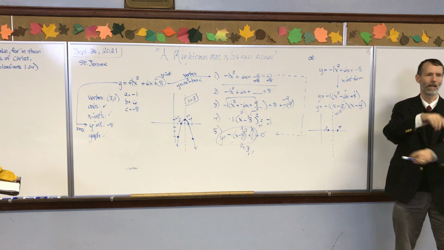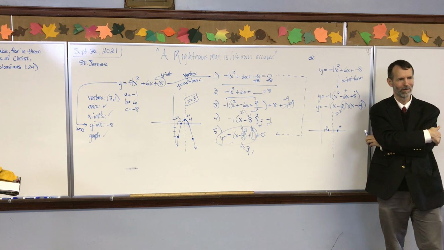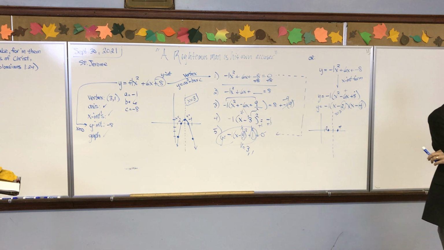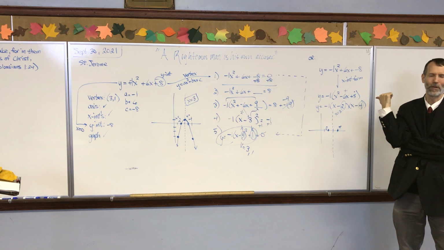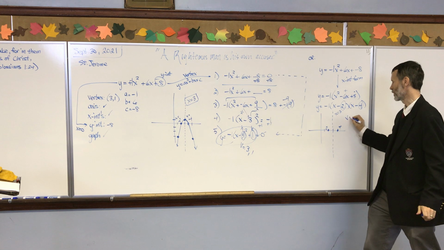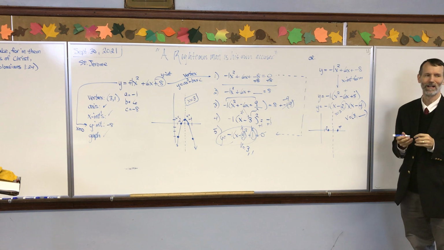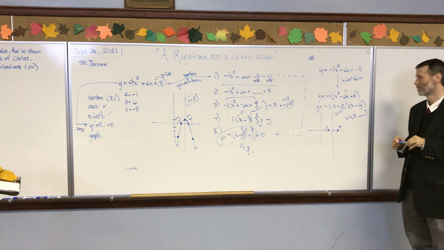How do you find the vertex? The vertex is right on the axis of symmetry. How far over is the axis of symmetry? 3. In other words, that's x equals 3. The vertex is going to be 3 comma something. How do you find y?